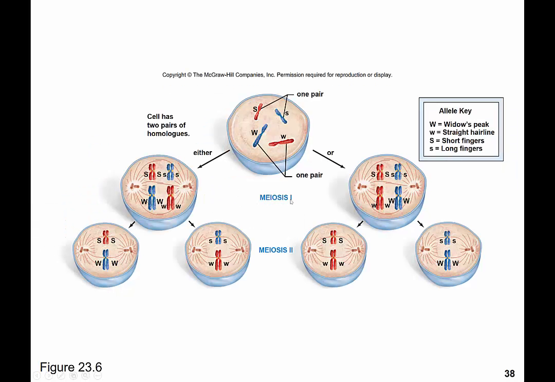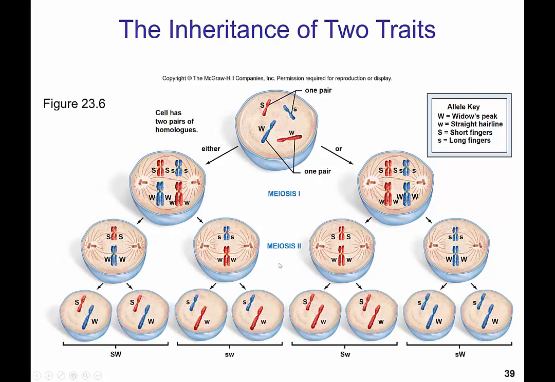During meiosis 2, after these homologs have gone to separate sides of the cell during anaphase and telophase, then we have either this result or this result. At the end of meiosis 2, when we have daughter cells that are formed, we could either have these 4 haploid cells or these 4.